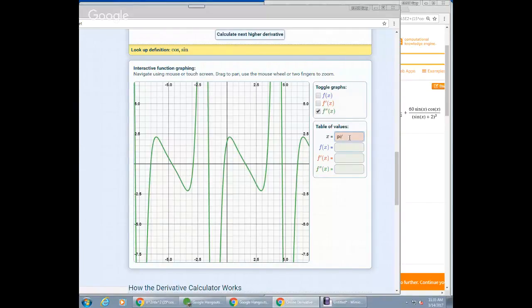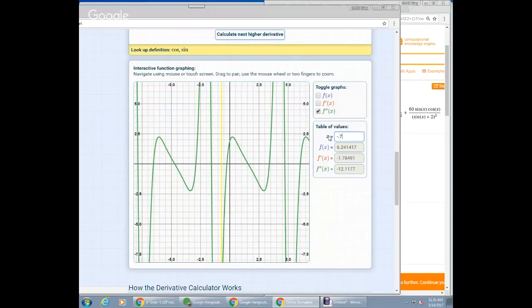How about pi over 4? Interesting. What's pi over 2? It's about 0.7-ish, so negative 0.7. Negative 0.71. So it's going to keep dropping.